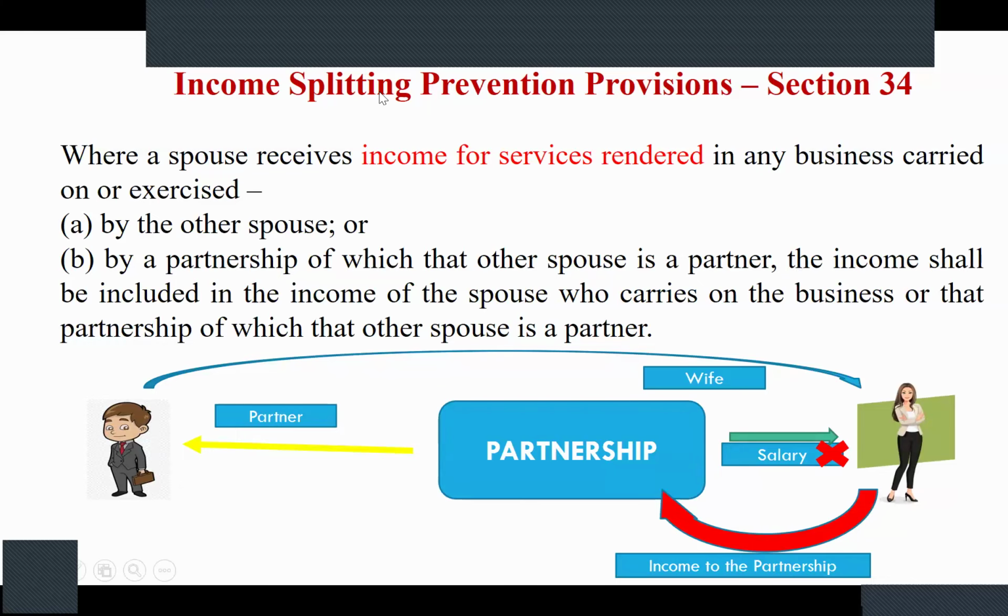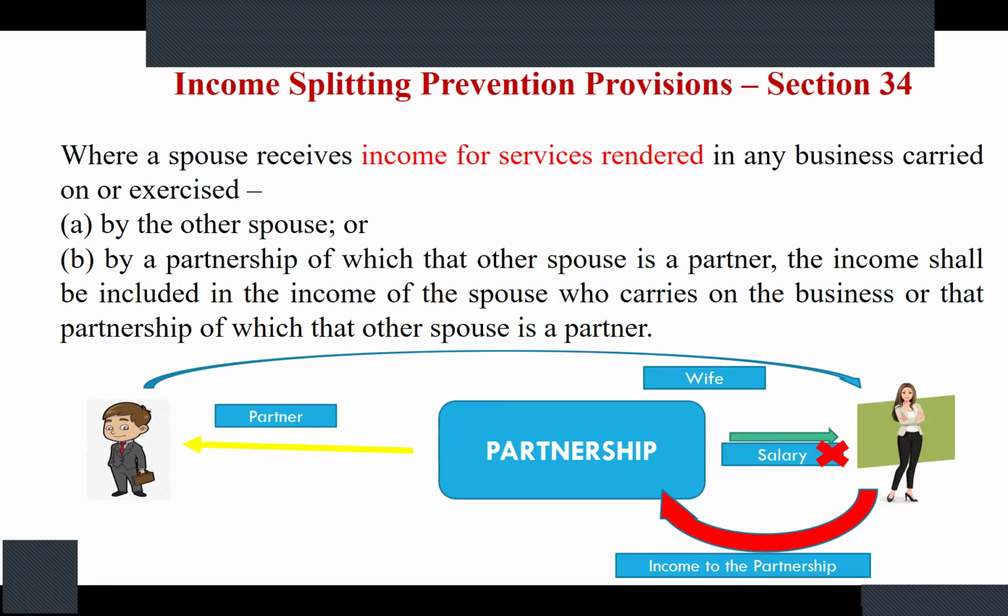But we consider it as an arrangement to reduce their tax liability, because if a husband has a partnership with the wife, then they can make several arrangements. The husband can pay a lot of salaries to his wife, then he can think that it can be deducted from the tax liability. So we call it income splitting.